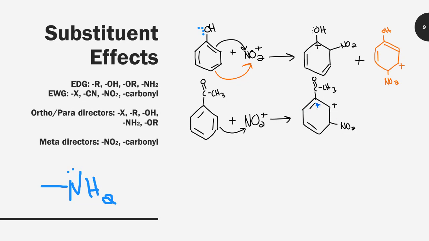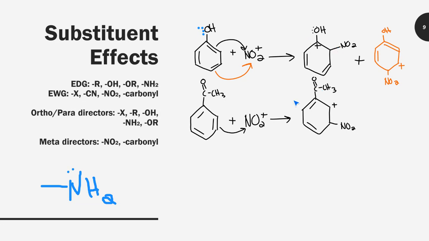Because if I add this group to an ortho position carbon, this positive charge ends up on this carbon, so I would have a full positive charge here and a partial positive charge here, and those will repel each other and form a lot of strain, because they're like charges. That will have electrostatic repulsion, which will increase the energy and decrease stability.